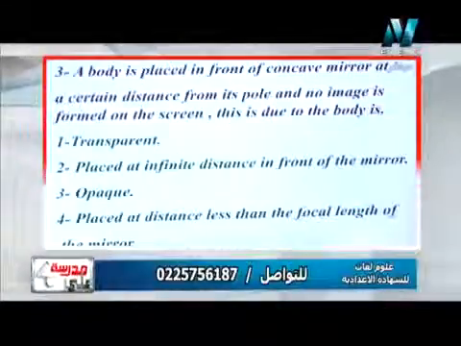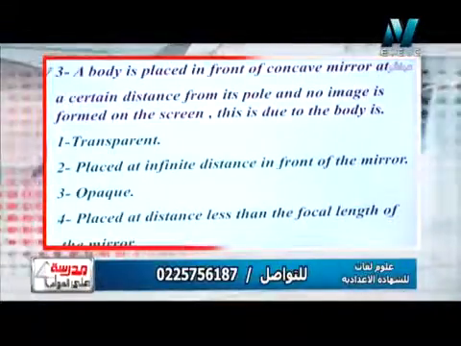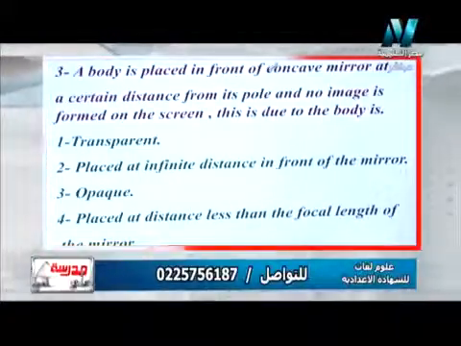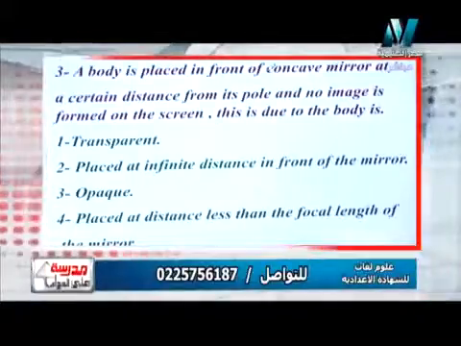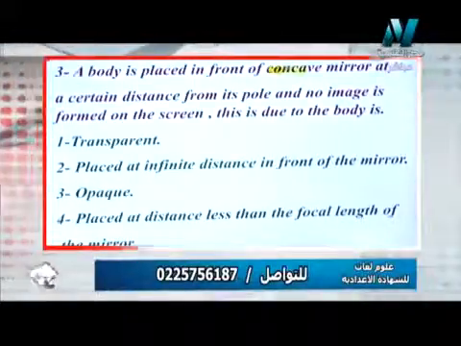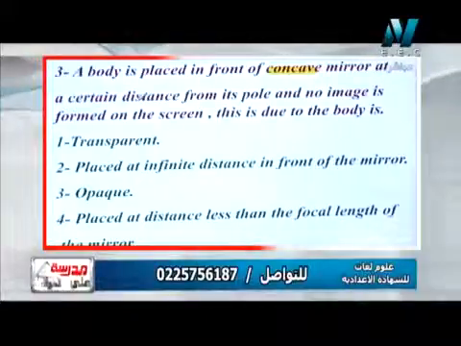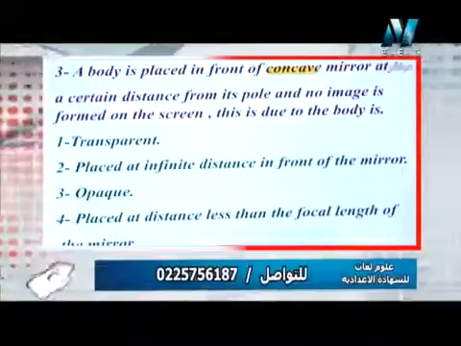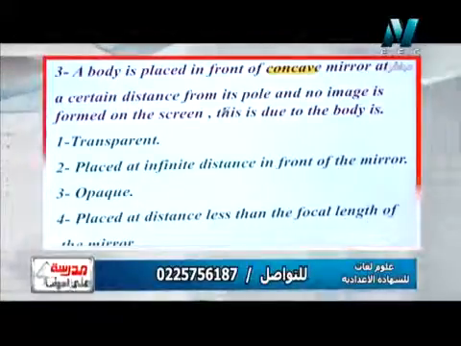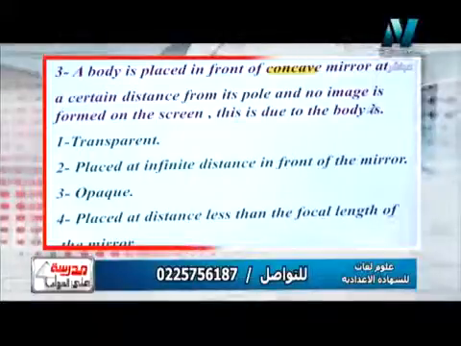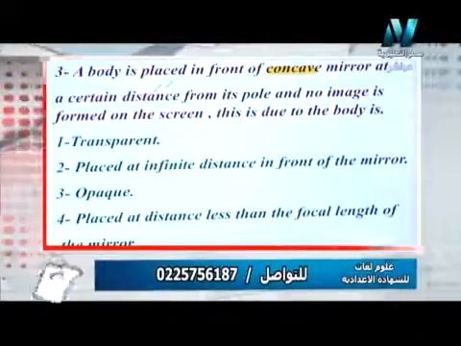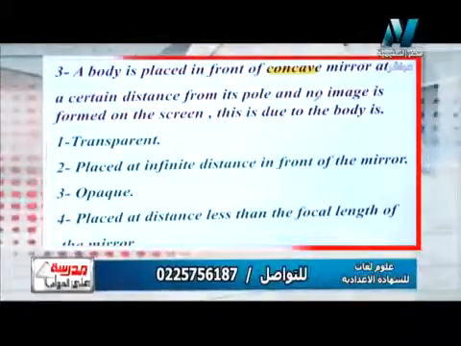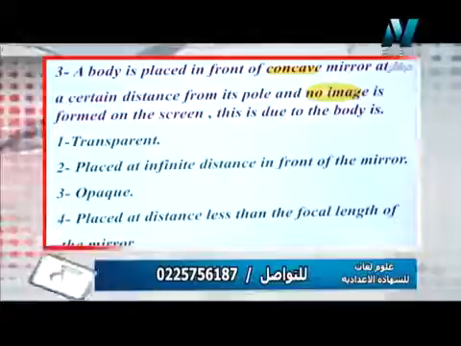Okay, let us go back to our review. Okay, 3 here we have a body is placed in front of concave mirror at certain distance from its pole and no image is formed on screen. This is due to the body is what? يبقى هنا هقول له distance in يعني is formed. بيقول لي no image.